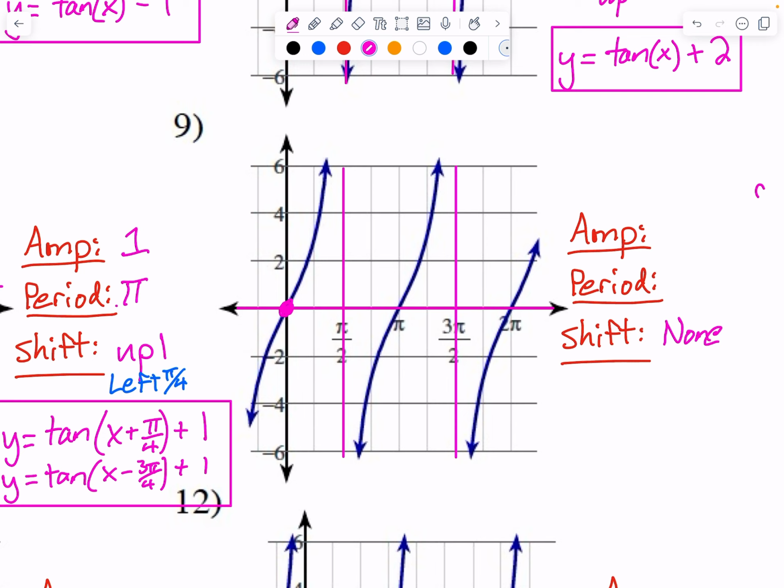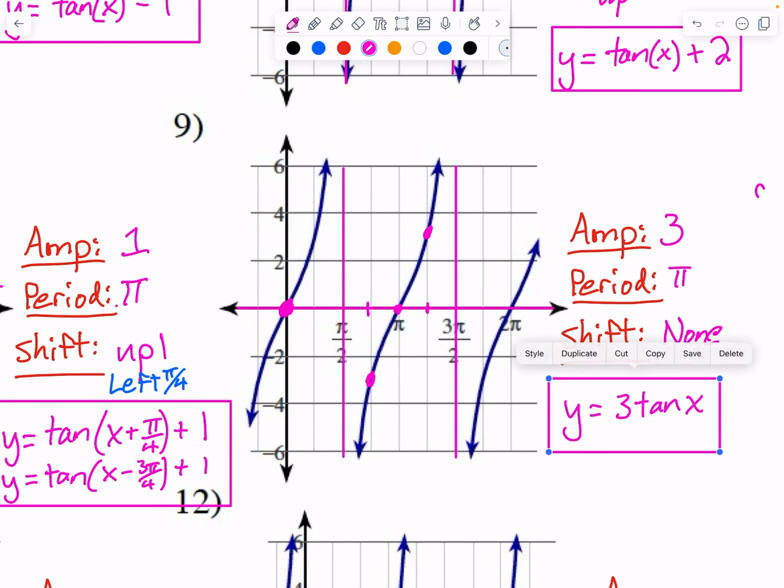That's a pi, that's normal. The amplitude: I go over halfway through, not 1, but halfway through, and I can see it goes through right here. Same thing here, it goes halfway through. Looks like it's going up 3 in each direction. So my amplitude is 3. There is no shift, so this is going to be nice, easy. The period is our typical, so we get y equals 3 tangent x.